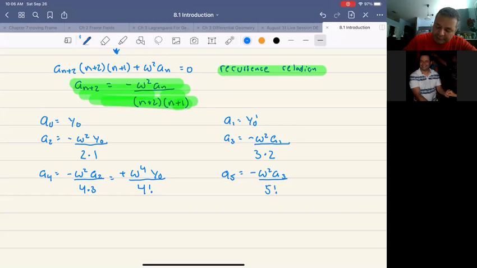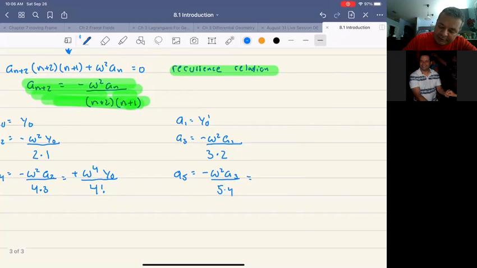Substituting, again remembering, a sub 1 is y prime, I'm sorry, y0 prime. This is going to be positive omega to the 4th y0 prime over 5 factorial.